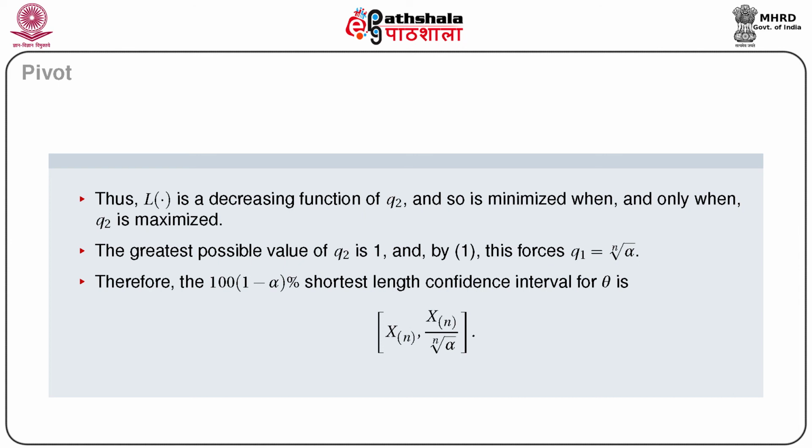Therefore L is minimum if q2 is maximum, and the maximum value of q2 is equal to 1, and hence q1 equals alpha to the power 1/n.